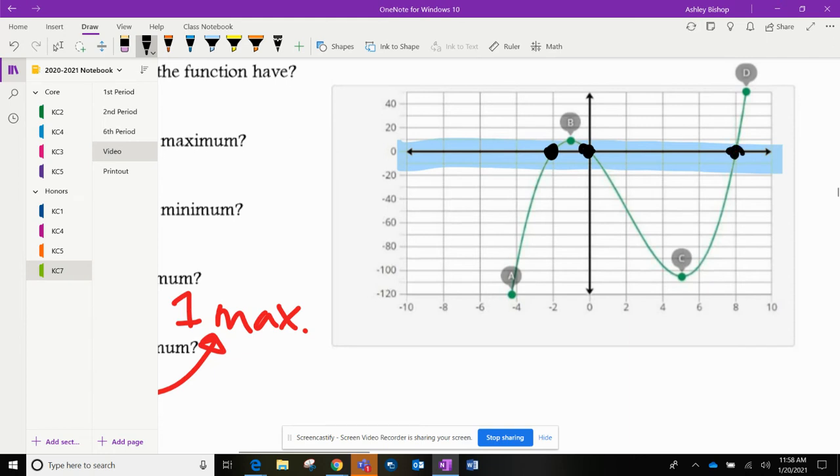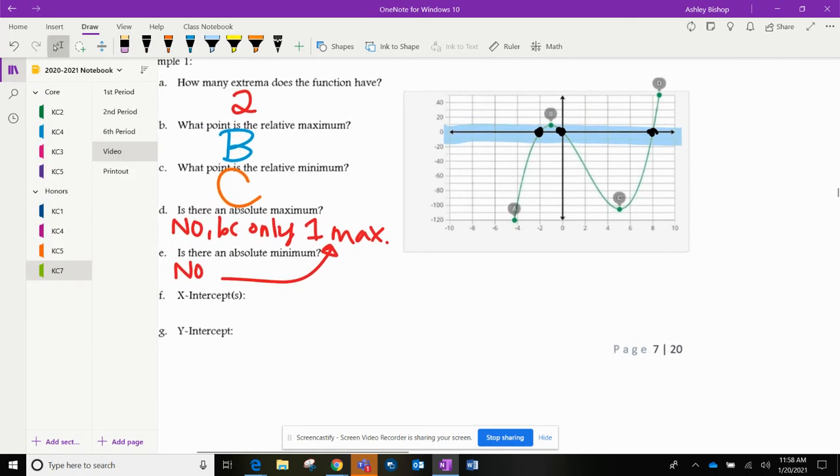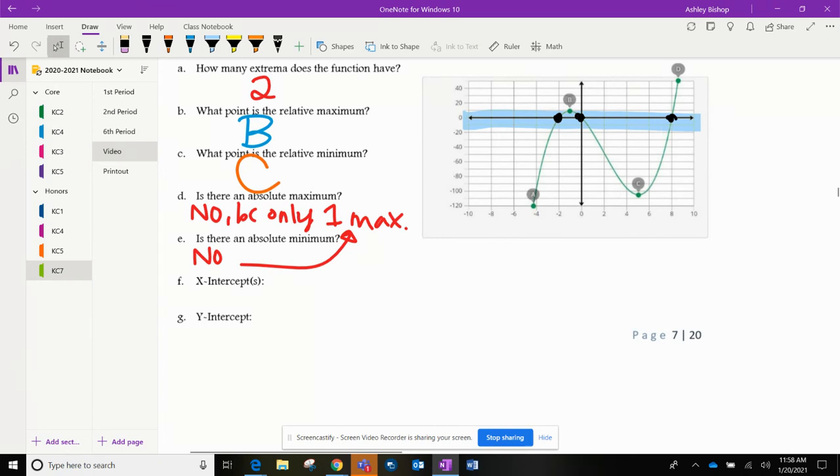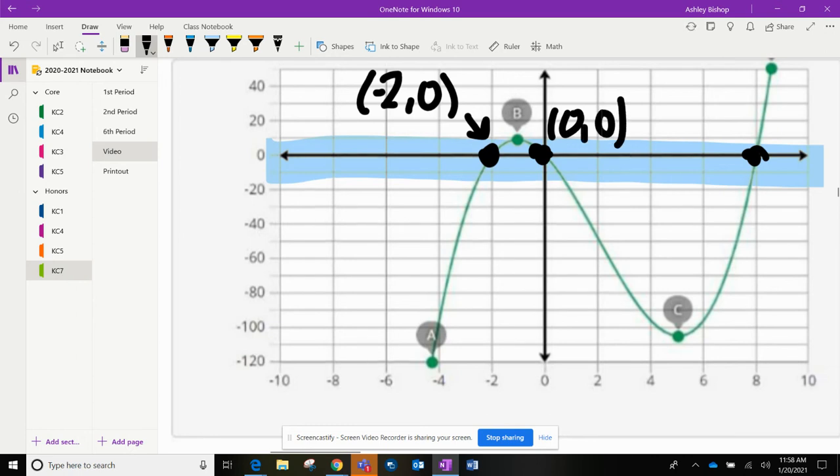So there's a couple of them. There's a couple places where my graph crosses the x-axis. So I'm going to write them all out. I have an x-intercept at this point here, which is (-2, 0). This point right smack dab in the middle is (0, 0).